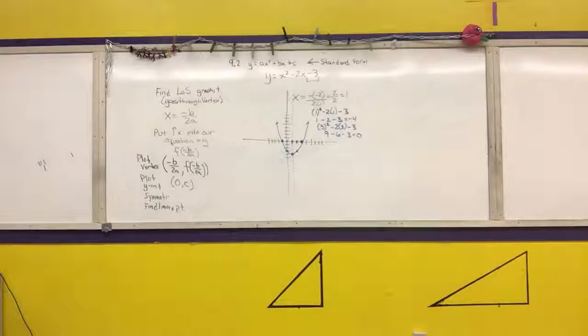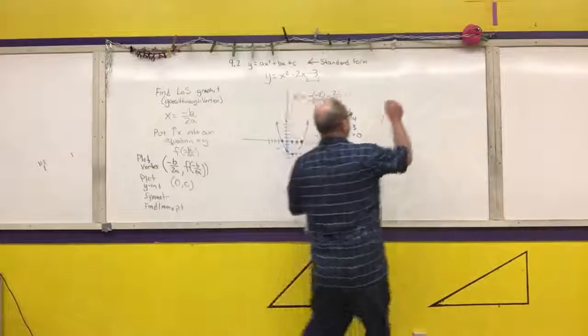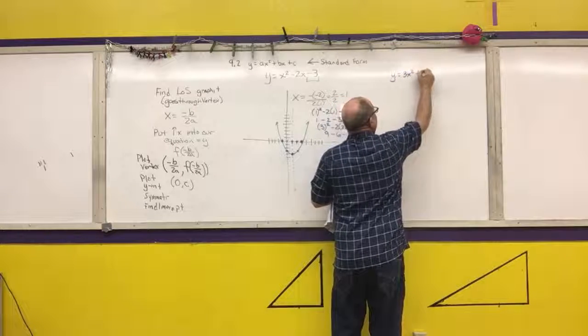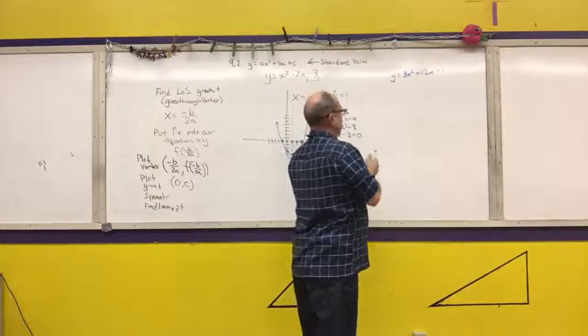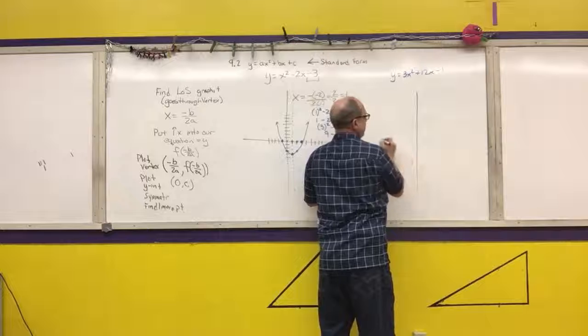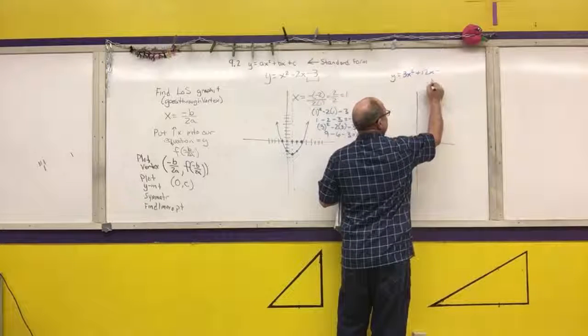Second example, 3x squared plus 12x minus 1. Follow the basic steps. I need to find the line of symmetry. The line of symmetry is at negative b over 2a.